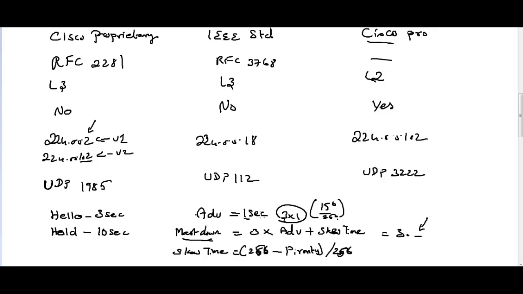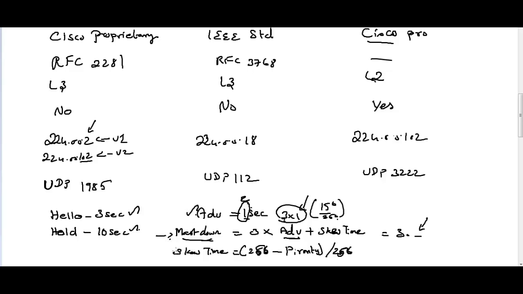All right, so if I change the advertise time, now it will be applied here. Let's say if I make it 2, then it will be 3 times 2, and the value will be different. In HSRP, you can configure hello time and hold time as you wish. But in VRRP, you can configure only the advertise time.